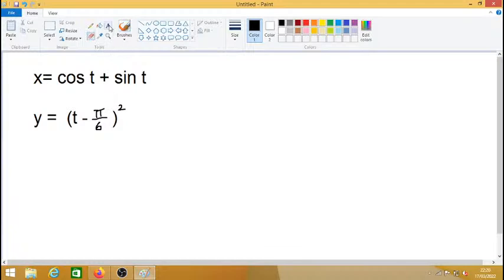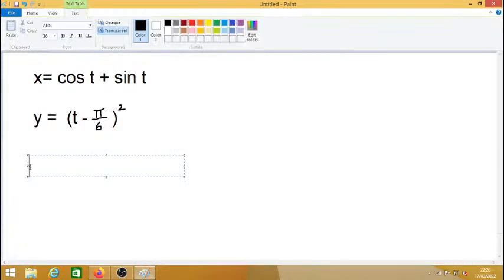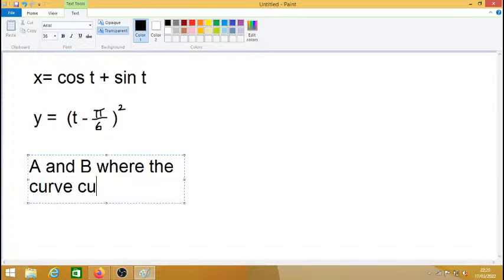And the question is, can we work out the points, so there's more than one, A and B, where the curve cuts the y-axis?